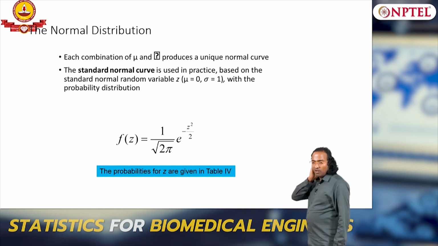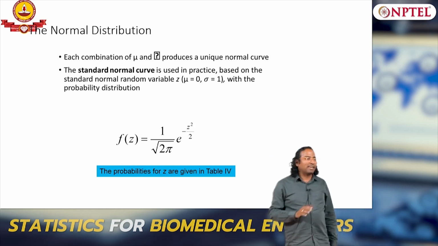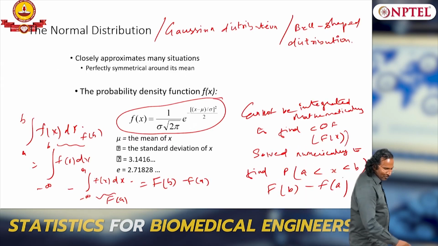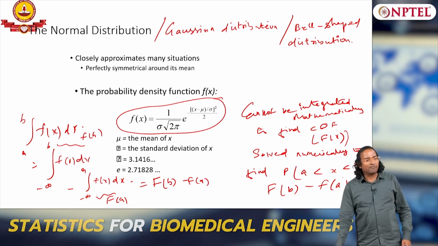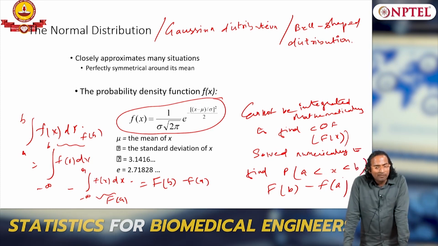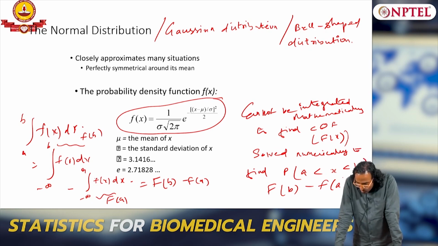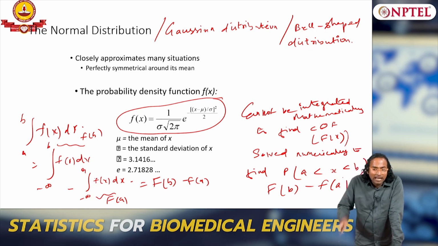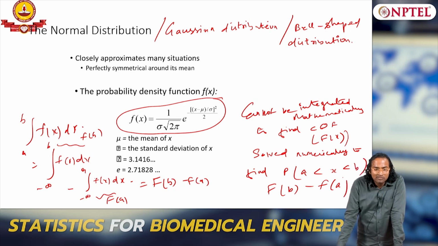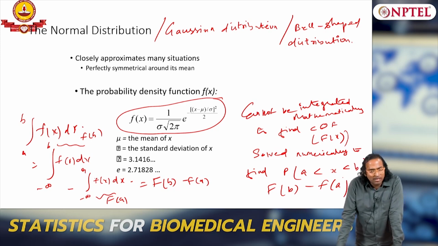So I have told you that we cannot obtain F of B minus F of A easily. Why? We have to solve it numerically, and whenever mu and sigma vary, every time you have to solve numerically. You see the problem?